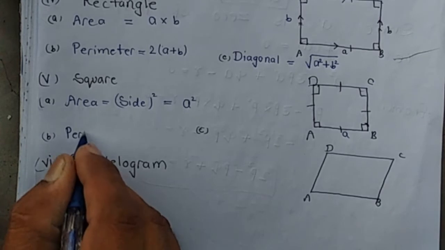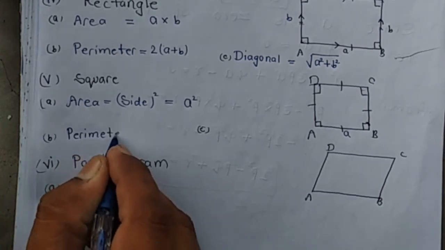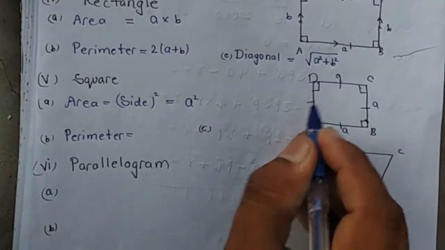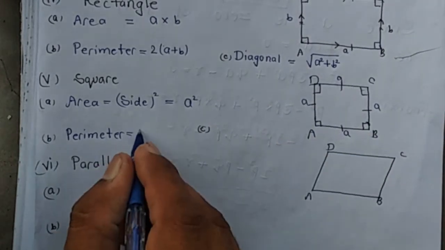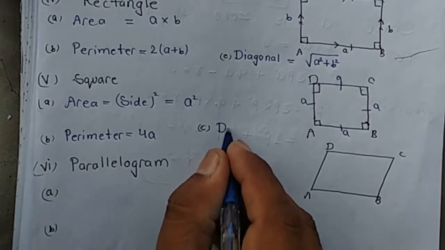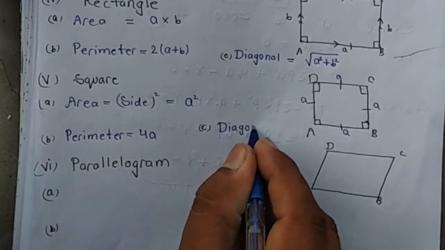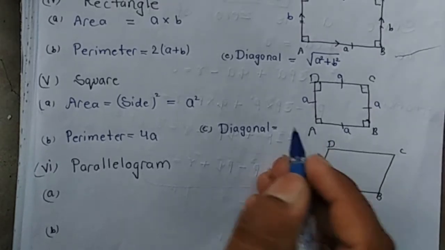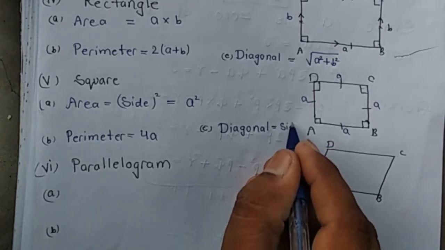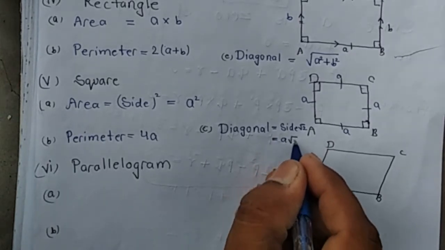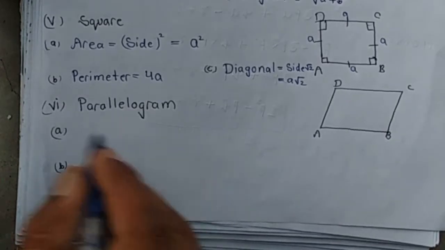Perimeter: since all sides are equal, it is A plus A plus A plus A, 4 into A. And the diagonal is given by side into root 2, meaning A root 2.